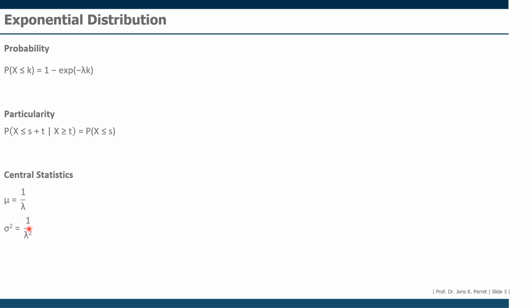That's why it's often related to the Poisson distribution, because there the mean and the standard deviation are the same. They're not directly equal to lambda, but we could simply write lambda in a different version and we would have the equality of mean, standard deviation, and the parameter of our function.